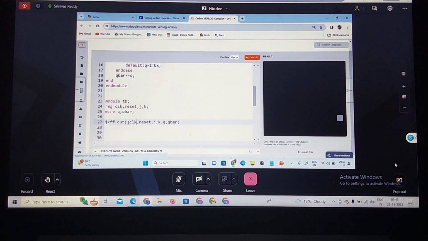Clock off clock, reset off reset, J off J, K off K, and Q off Q, dot Q bar off Q bar.